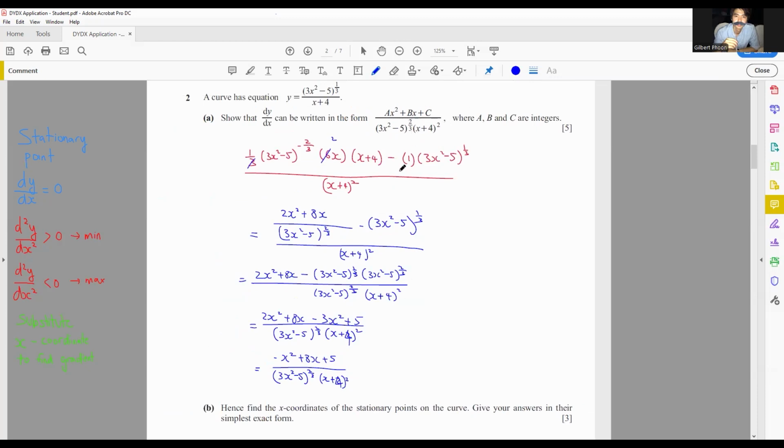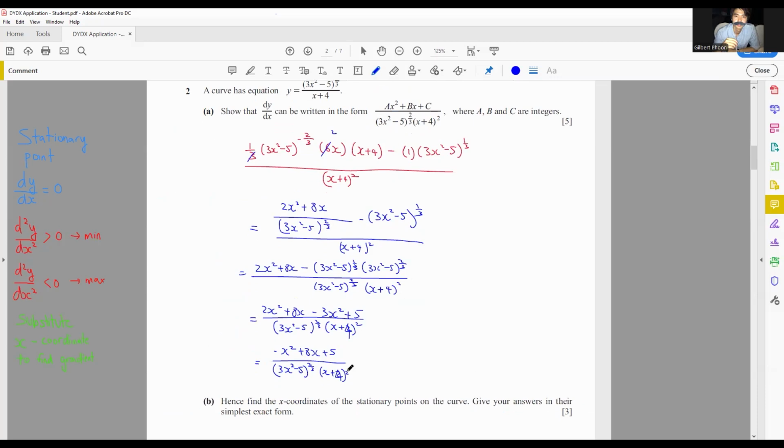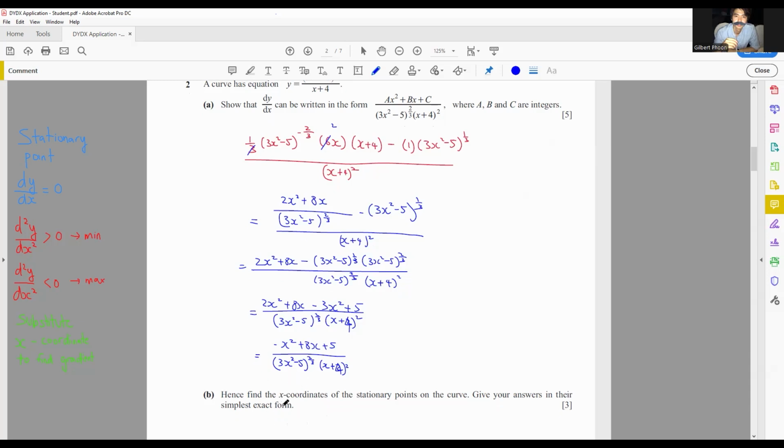Right. Now, in the next question, hence, find the x-coordinate of the stationary point on the curve. Give your answers in their simplest exact form. Meaning to say, you are only supposed to show all your working without typing it into the calculator, right?